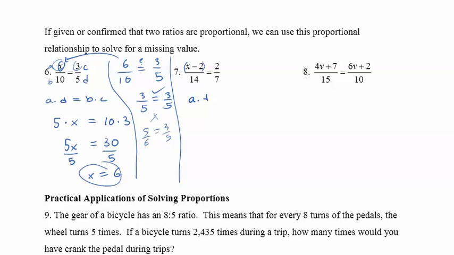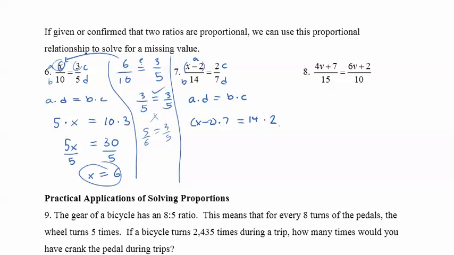A times D equals B times C. x minus 2 is A. 14 is B. 2 is C. 7 is D. So A times D, x minus 2, which is A, times D, times 7, equals B, which is 14, times C, which is 2.